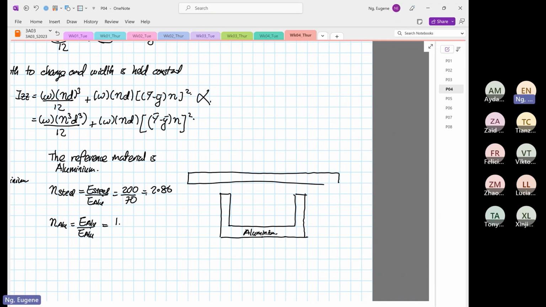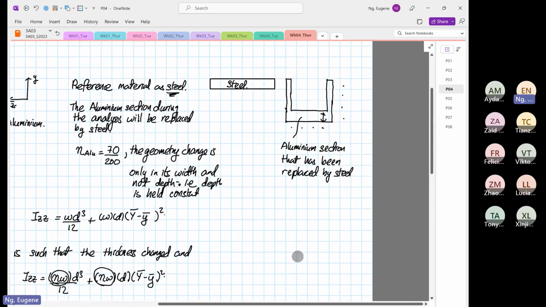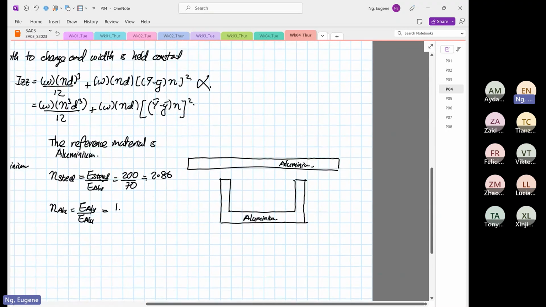So now we replace the steel part with what? Aluminum. Okay, for analysis, over here we replace this with steel. Okay, this we replace with aluminum.